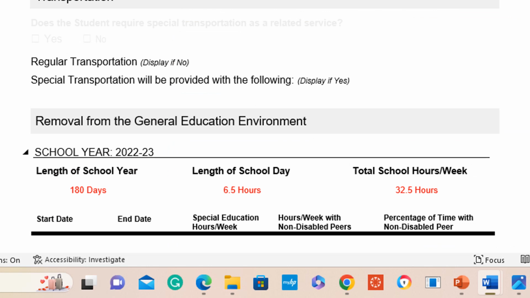Okay. And this is the removal from general education environment. And I believe I forgot to mention transportation. Transportation is a related service. Most students on an IEP are on a van and travel back and forth from home to school.